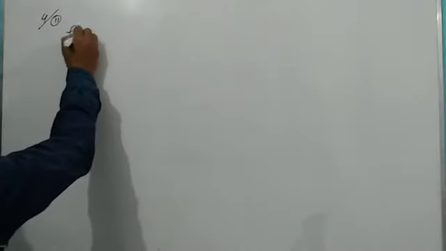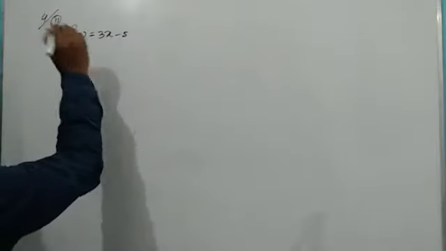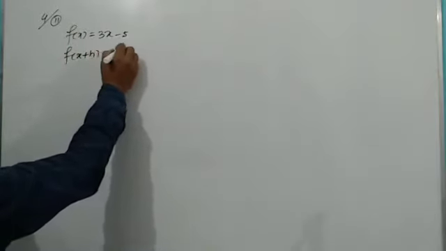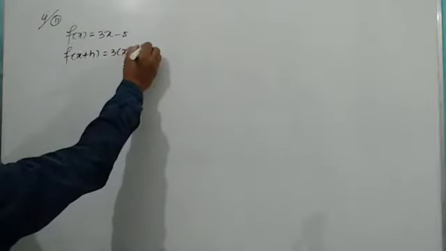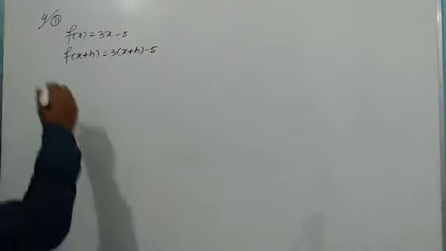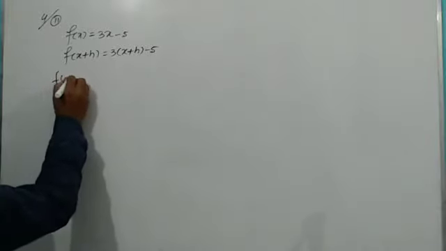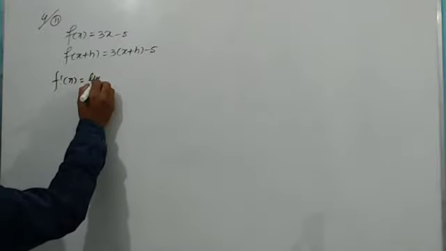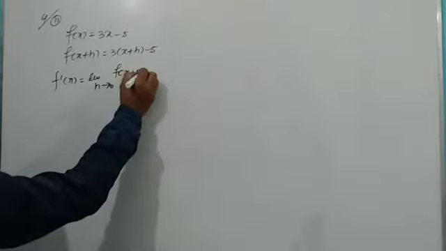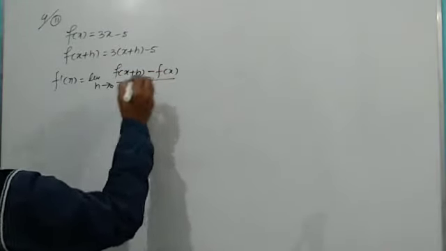Question number 4, second part. Here I have f(x) is equal to 3x minus 5. Definitely f(x plus h) can be written as 3(x plus h) minus 5. Now, if I want to find f dash x, I can write limit h tends to 0, f(x plus h) minus f(x), whole upon h.